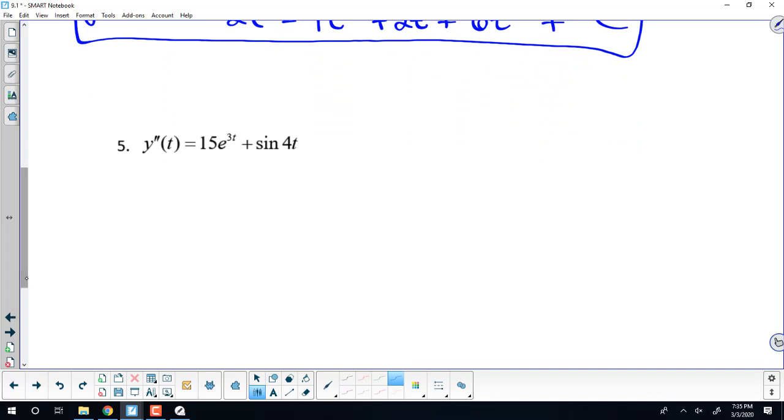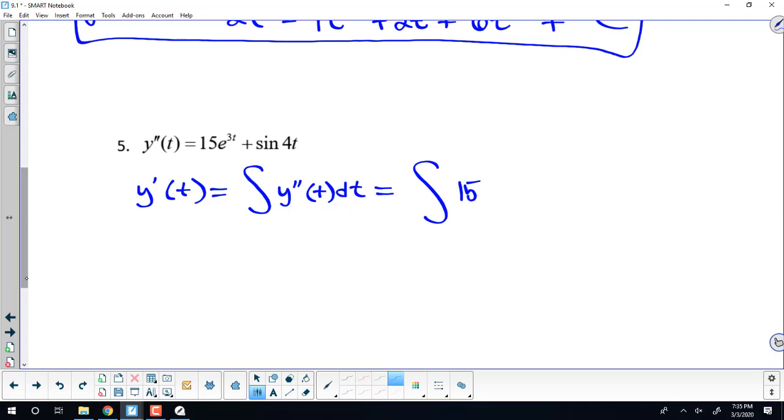Example 5, we are given the second derivative, so we have to integrate twice to find y of t. So y prime of t is the antiderivative of the second derivative. So that's going to give us what?